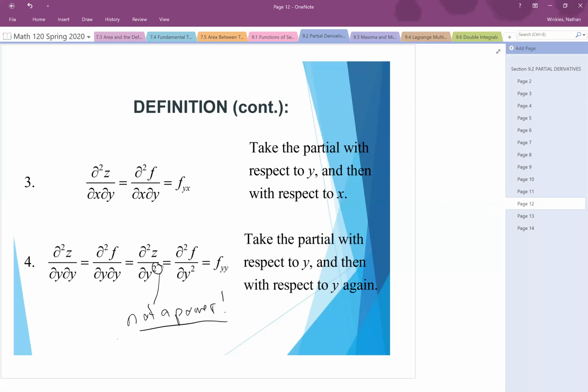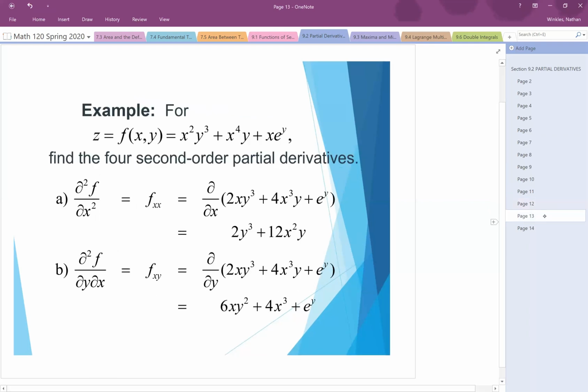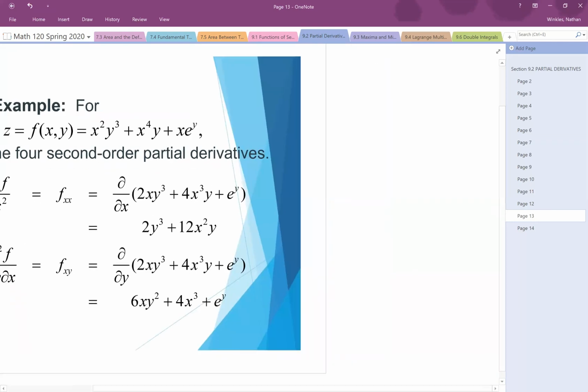So for this example here, we're asked to find the second order partial derivatives for all four possibilities. The first case that we would have in each one of these would be to take our first order partial derivatives. So we need f sub x and f sub y.